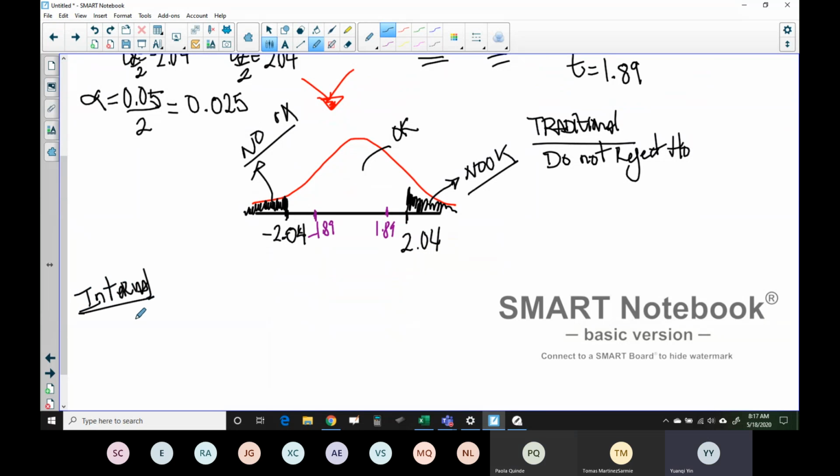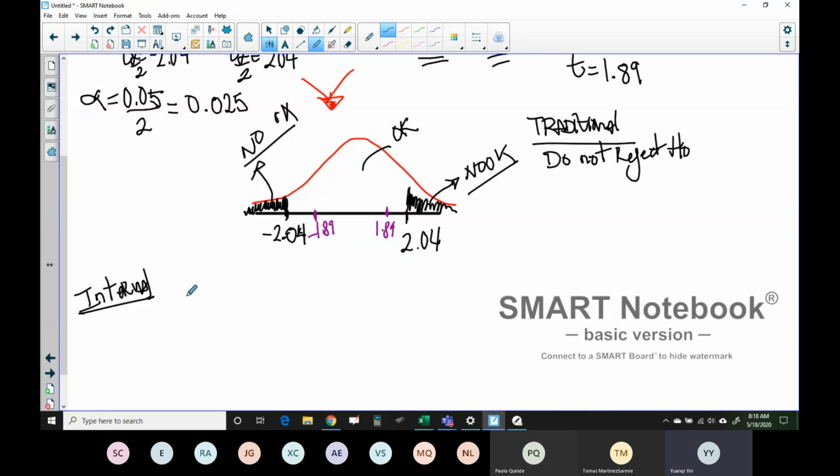This interval, you got to be able to do all three, by the way. I'm not asking you to do all three. By the way, in the exam, you have to say, well, 1.89 is greater than negative 2.04 and 1.89 is less than 2.04, which is the same thing as the interval method, but that's how you have to say. You have to be able to describe this.